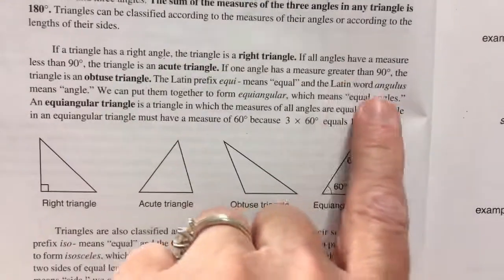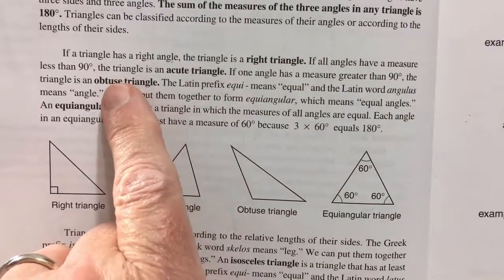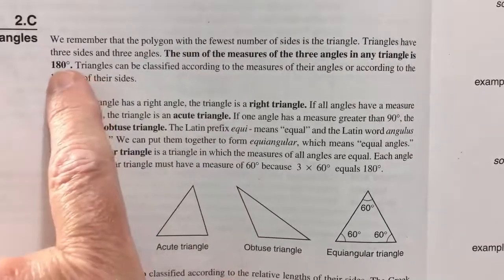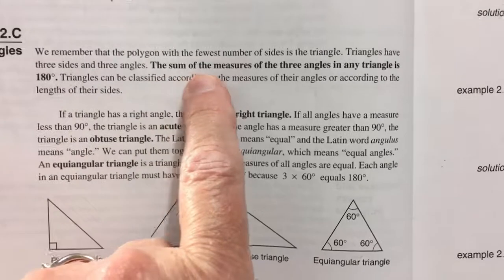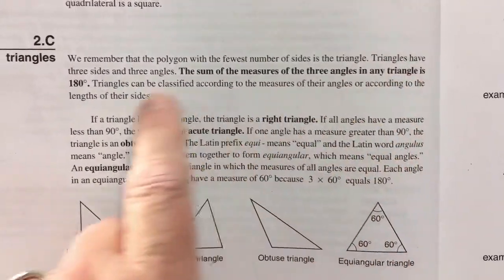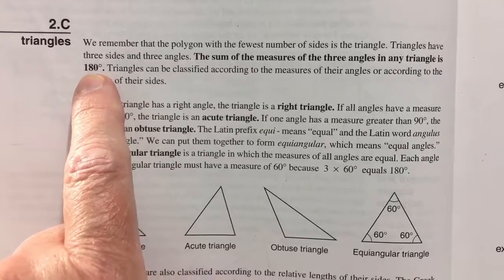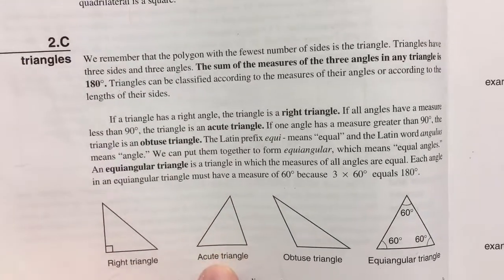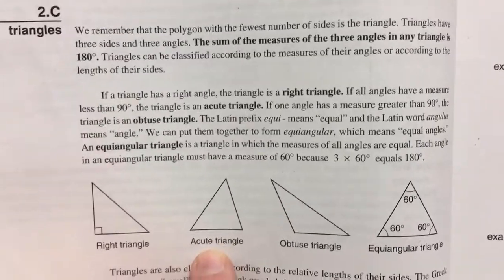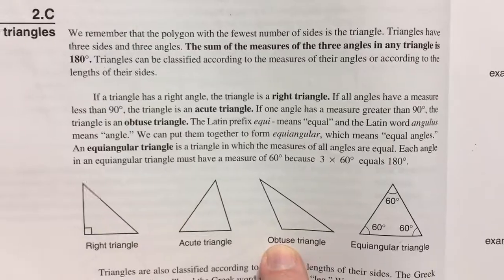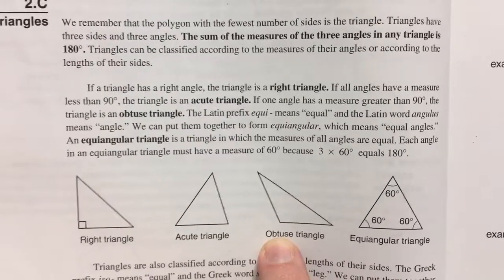Remember, in a triangle, all of the angles must add up to 180. So they're giving you that rule right here. The sum of the measures of the 3 angles in any triangle is 180. If all of the 3 are less than 90, then we call it an acute triangle. If we have one angle that's bigger than 90, then we have an obtuse triangle.